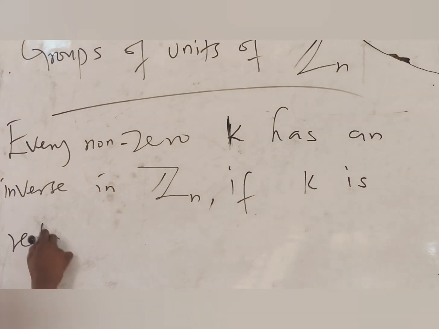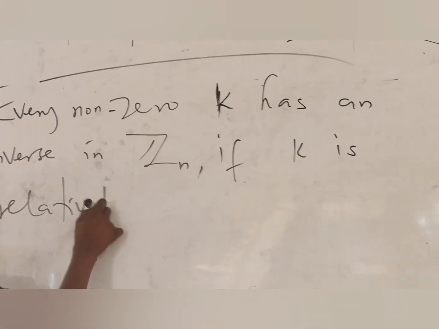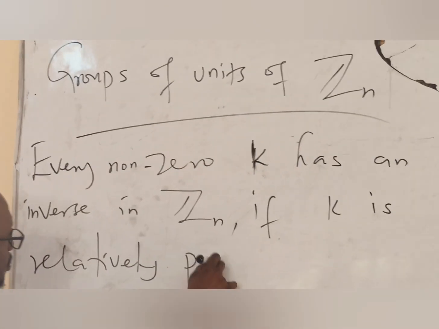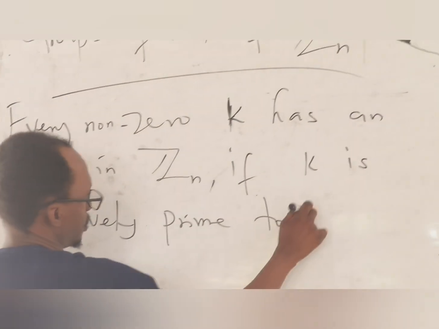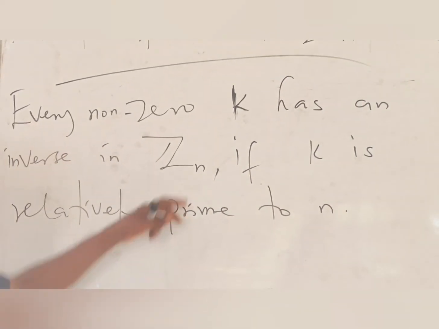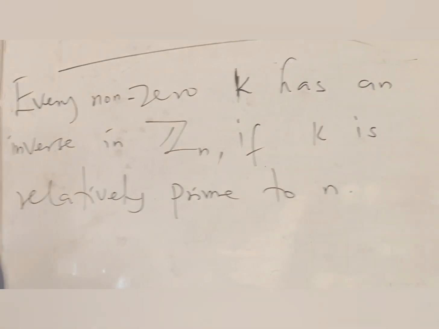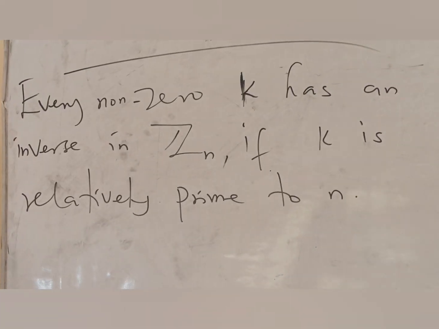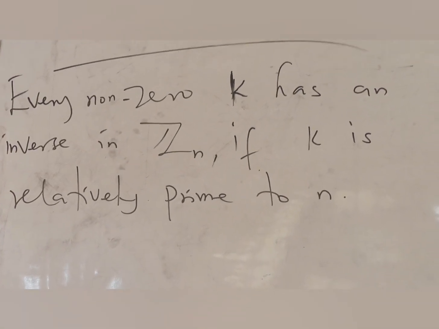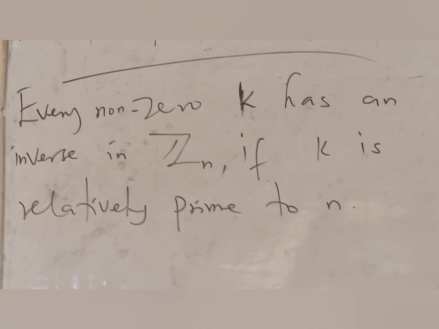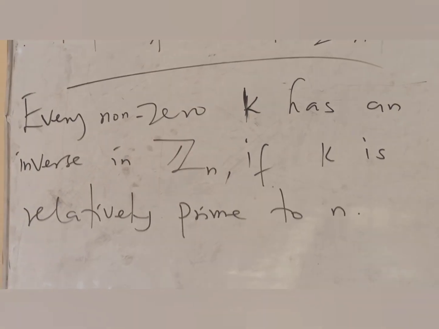If relatively prime. And the n here, k is relatively prime to n. And we are going to find the group of units.